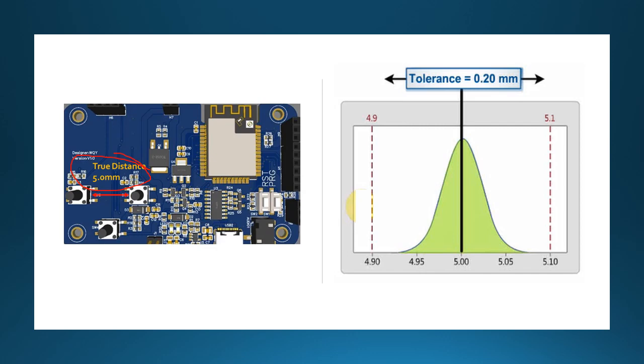Because the distance is exactly on target, the board meets specification. So assume that the PCBA viewer measurement tool is accurate. That is, the measured distance should be within specification 99.73% of the time.